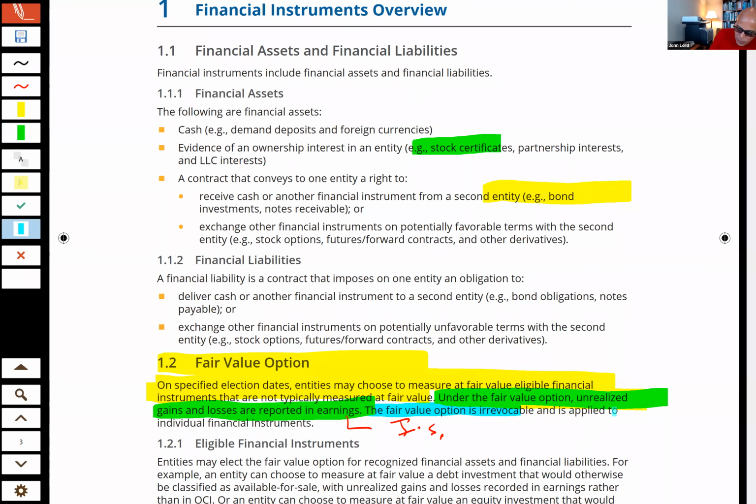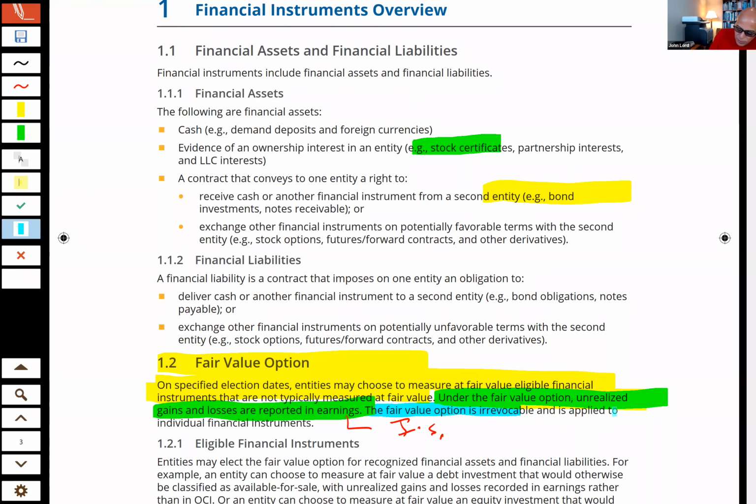Now, they tell us you can use it to measure at fair value a debt instrument that would otherwise be classified as available for sale, with unrealized holding gains and losses in earnings rather than OCI. Or if you have something that is going to be held under the equity method, you could use the fair value method, which is essentially what I had just said verbally.